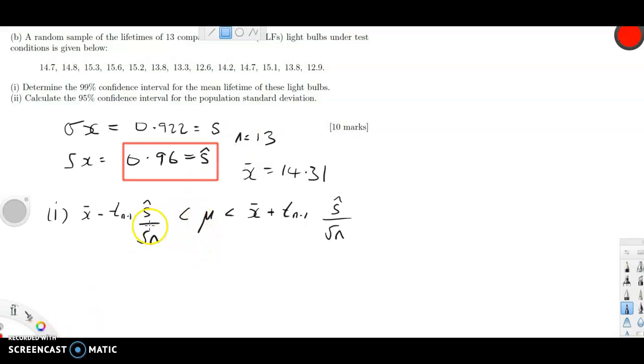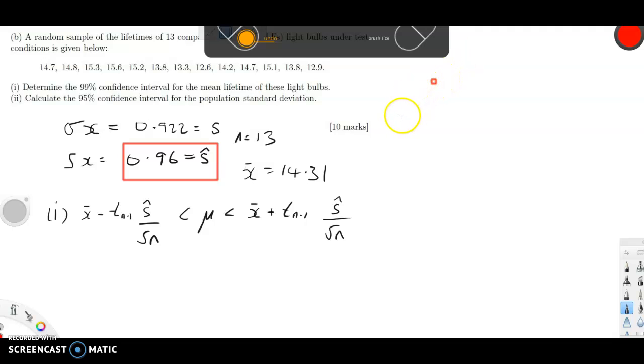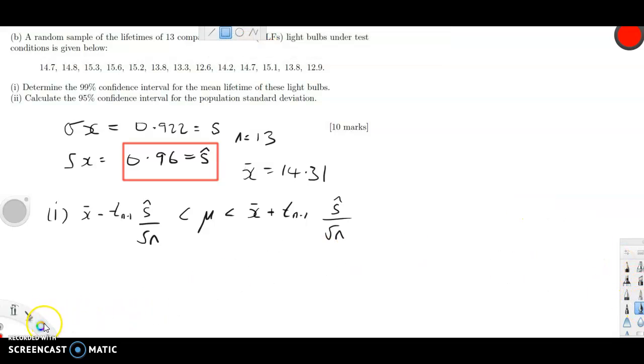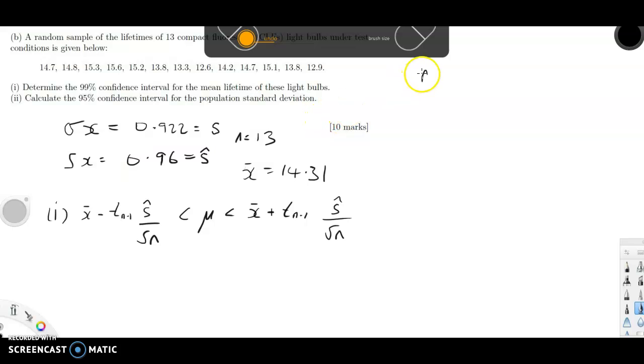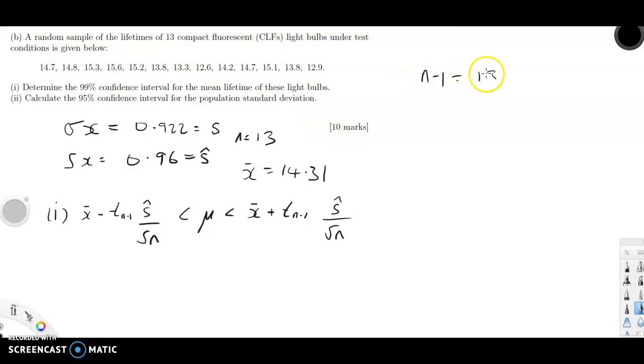So now we need to get our bits for this formula, like n minus 1. n minus 1 is going to be 13 minus 1, so n minus 1 equals 12.